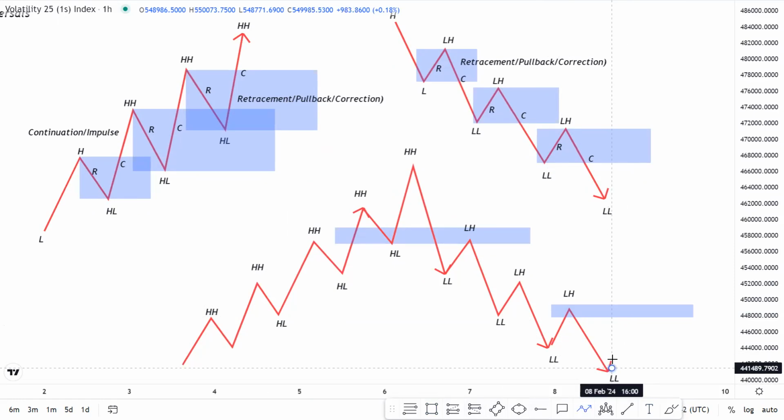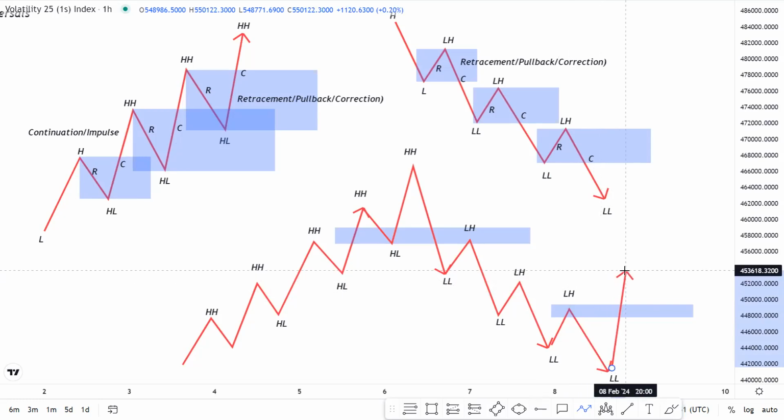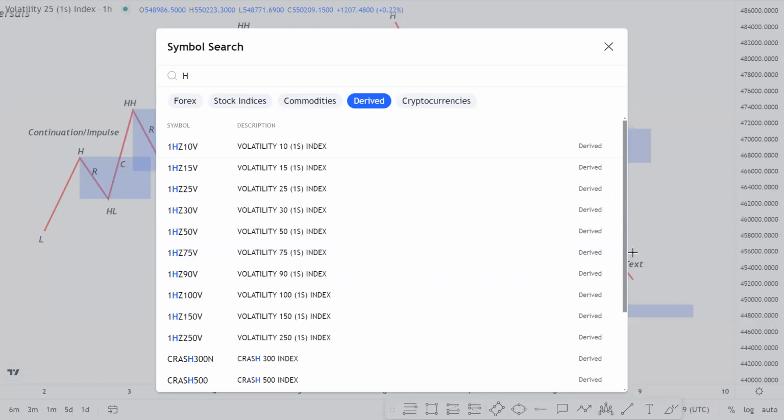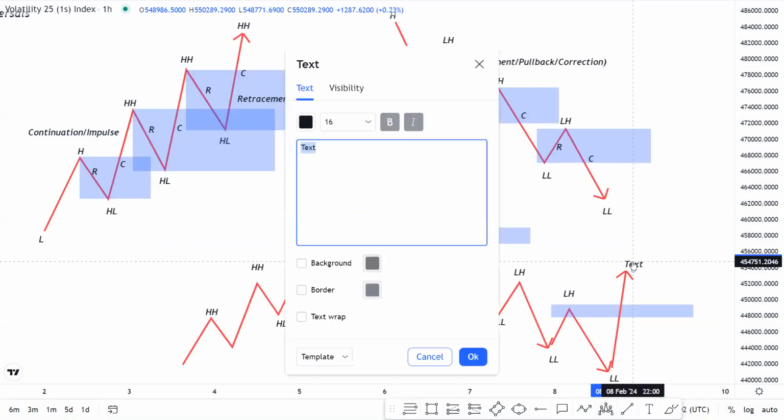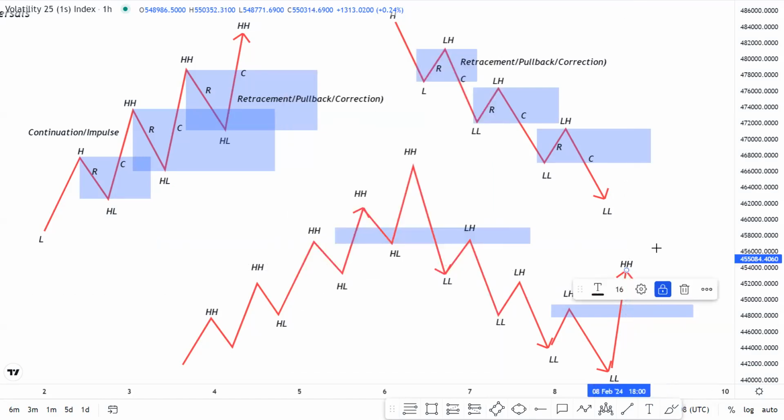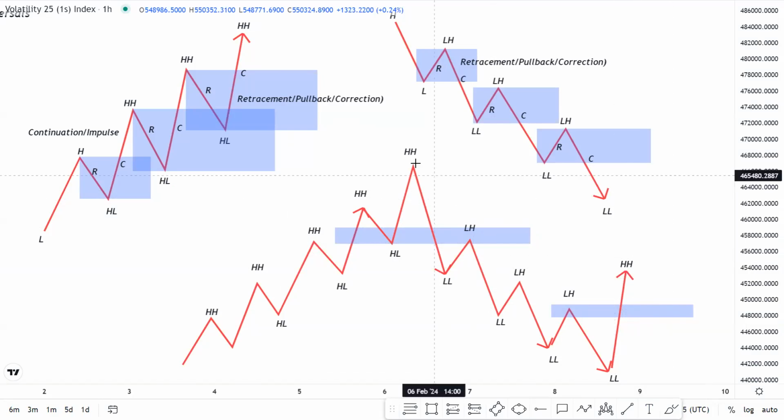But when a stronger buy movement kicks into the market and breaks and closes above the most recent lower high, providing us now with a higher high, a high that is higher than the previous high, this indicates a trend reversal from bearish to bullish, from a downtrend to an uptrend.